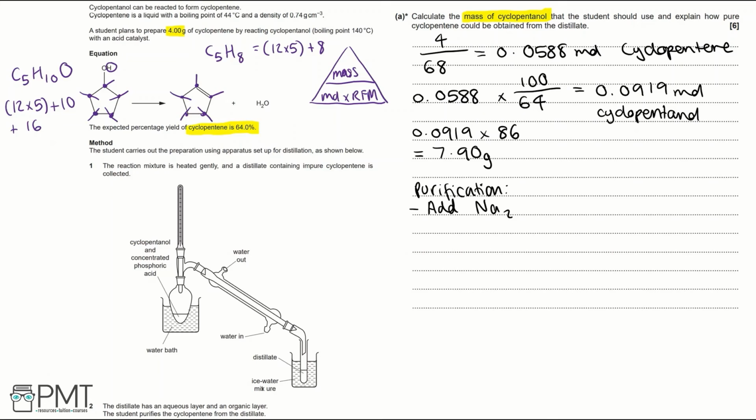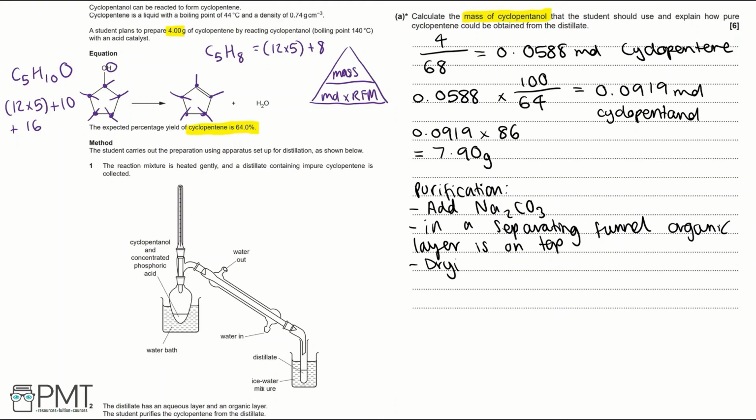Then looking at the purification techniques. Firstly, you need to add a neutralizing agent, such as Na2CO3 or sodium carbonate. Then we need to talk about the different layers in the separating funnel. The organic layer is going to be on the top, and the organic layer is going to contain the cyclopentene. That's because it's going to be less dense than the concentrated phosphoric acid.